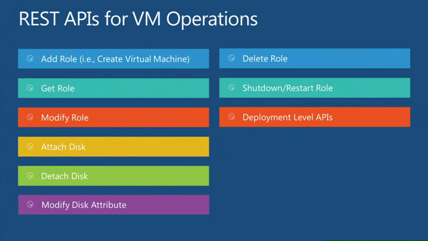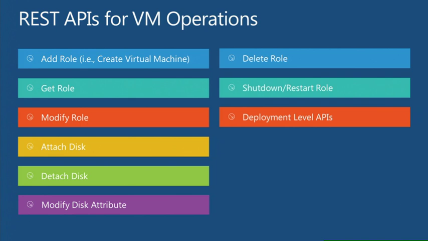I apologize for the fact that we have some contradictory, confusing terminologies like roles. We come from a platform as a service background for web and worker roles, so we are still using some of these. Over time, we'll have better symmetry and clarity. So essentially here, role means a virtual machine. If you want to get VM details, or if you want to stop a VM, you can do that.